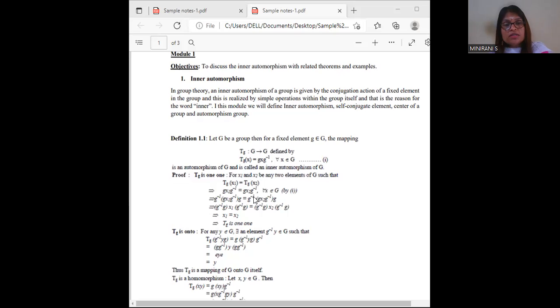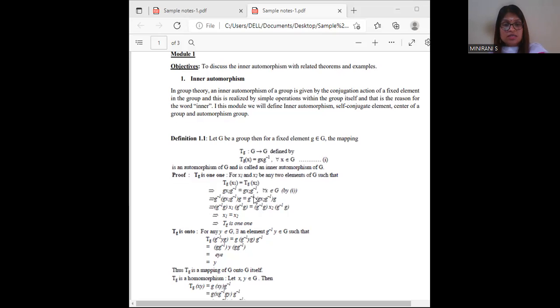Suppose we have a function f on a set X. In order to prove that it is one-to-one, let us take two elements of X, x1 and x2. The conventional way is that if f(x1) is equal to f(x2), then prove that x1 is equal to x2. That means no two different elements are mapped to the same element. This is what you mean by a one-to-one mapping. So let us start.